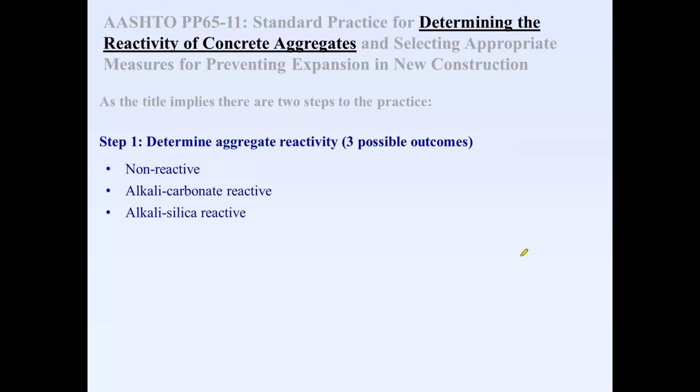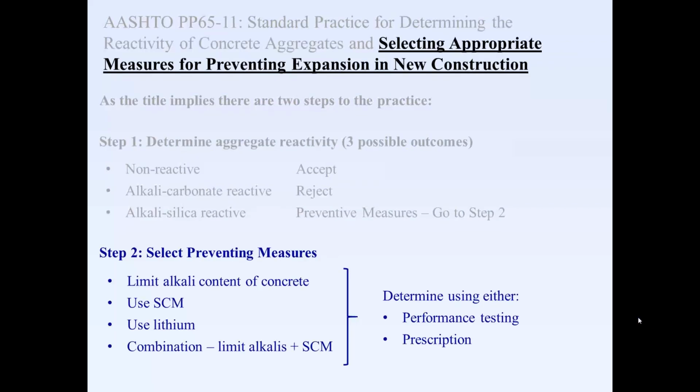And then, of course, based on those outcomes, we either accept the aggregate, we reject the aggregate, or we use preventive measures. And the only time we would actually go to step 2 is if we have an alkali silica reactive aggregate. So step 2 is for selecting preventive measures with alkali silica reactive aggregate.